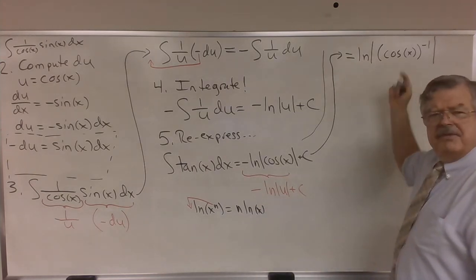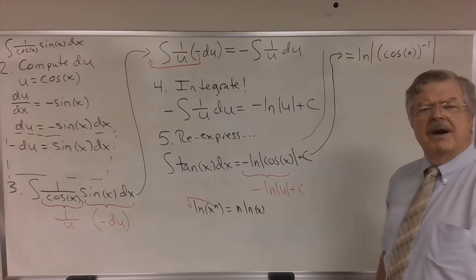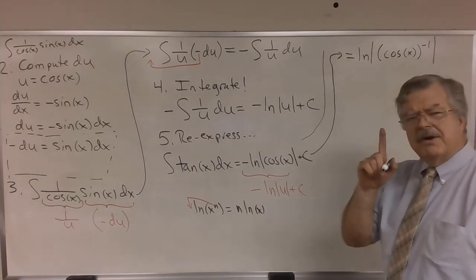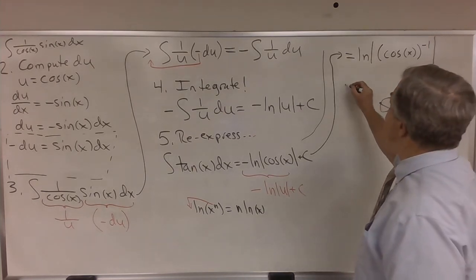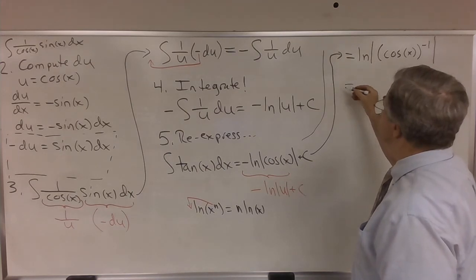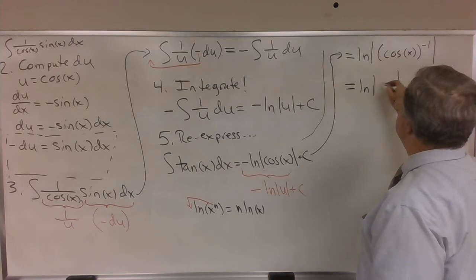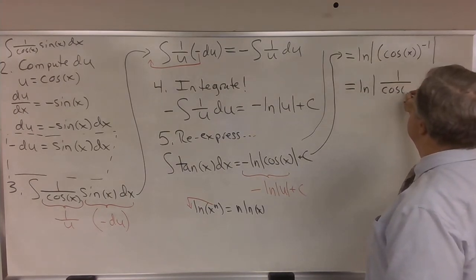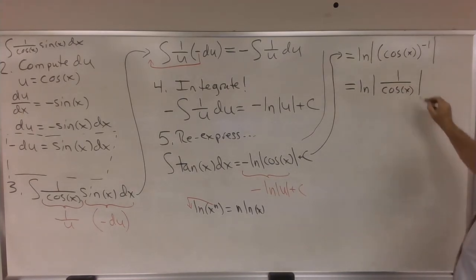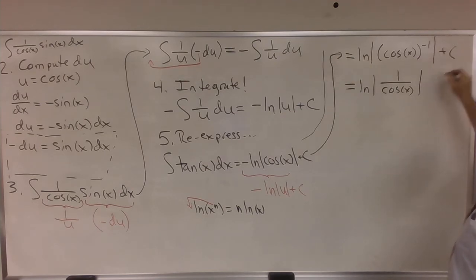Now, what is something raised to the negative 1 power? It's 1 over that thing, right? So this is the same as natural log of 1 over cosine of x, plus c, by the way.